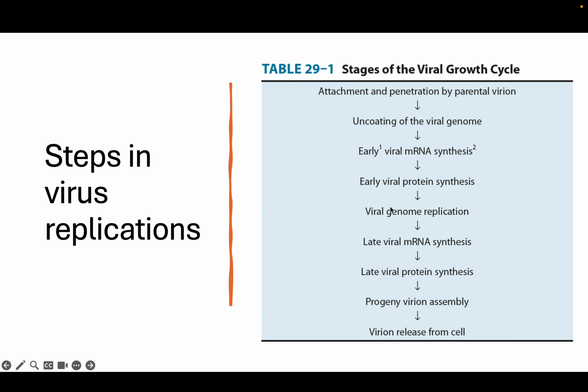We'll talk about what early viral protein synthesis and late protein synthesis are. But once you have all the building blocks of the virus, the capsomers, the enzymes, the nucleic acids, you create the virus and the virus is released. We're going to go into a lot of detail on every single step.